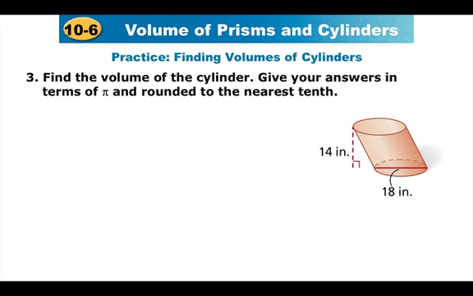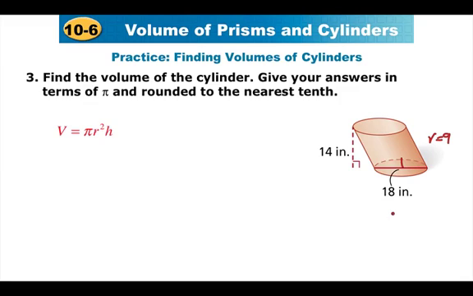It says find the volume of a cylinder, give your answers in terms of pi and round to the nearest tenth. The first thing you're going to do, this is the formula, pi r squared times the height, or the area of the base times the height. Notice that the radius in this case is the distance from here to here, which is equal to 9.